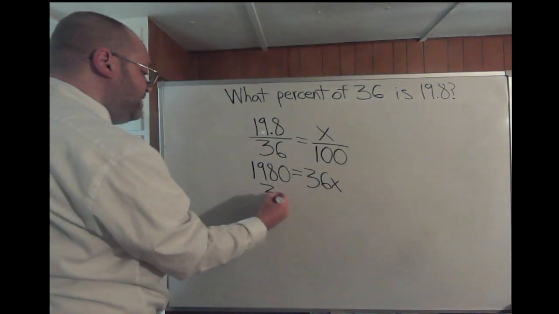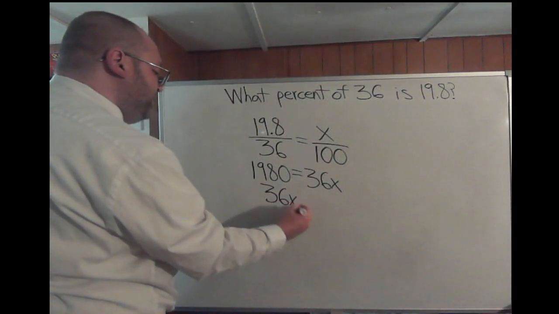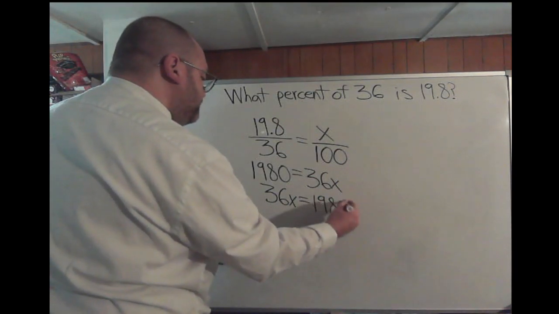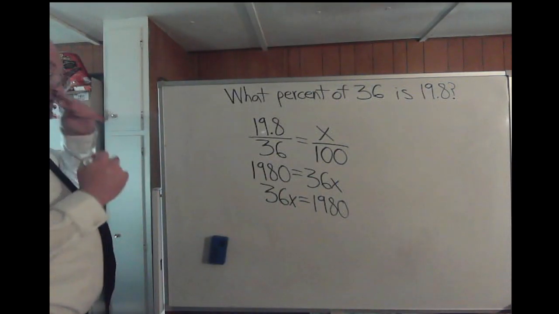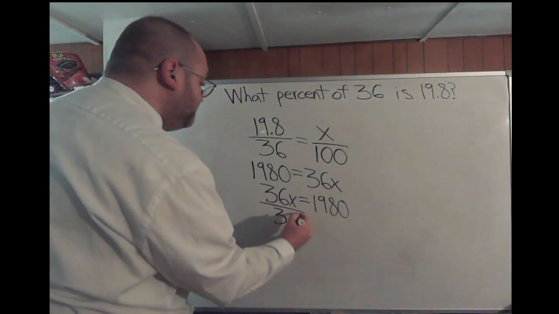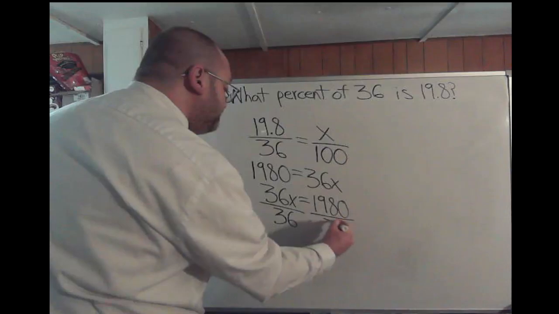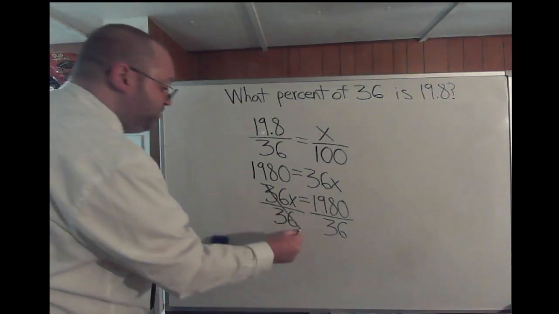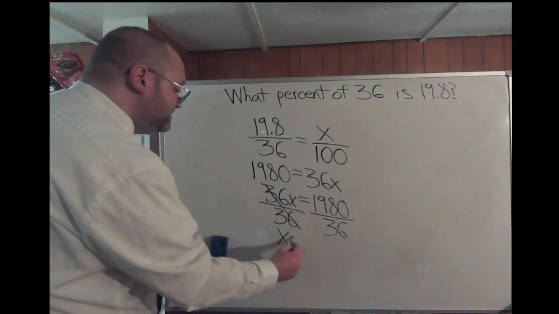I'm going to switch these around since they're equal. Put the variable on the left-hand side. I always find that easier. Okay, well, we got to divide both sides by 36 in order to get that x by itself. So 36 cancels on the left-hand side. You're left with x.